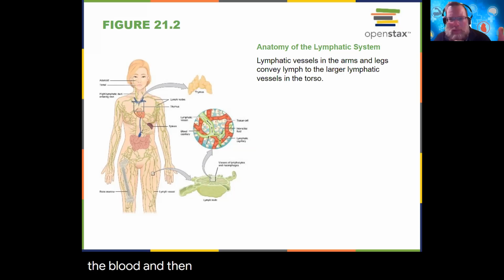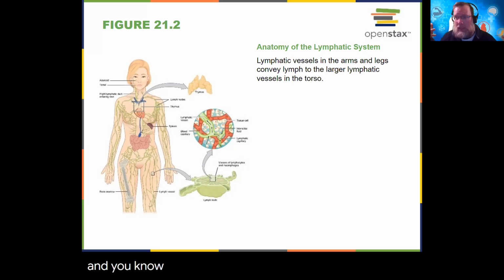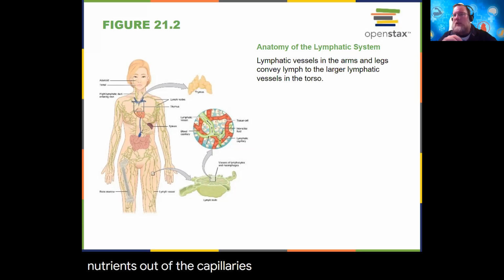And then when we get to a capillary network, some of that plasma can come out and get filtered, and some of the plasma's carrying nutrients. So the plasma kind of follows the nutrients out of the capillaries, and then the lymphatic system may pick up some of that plasma.